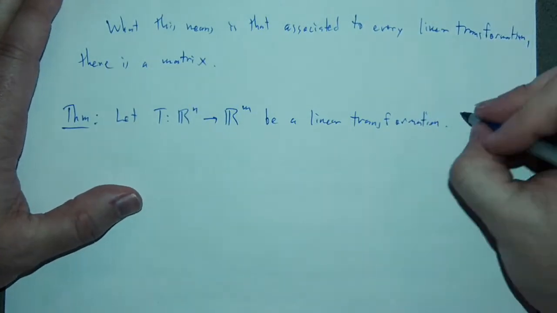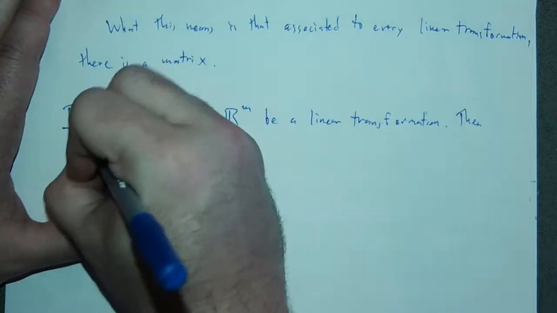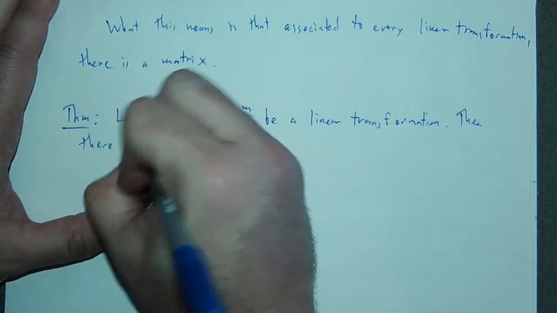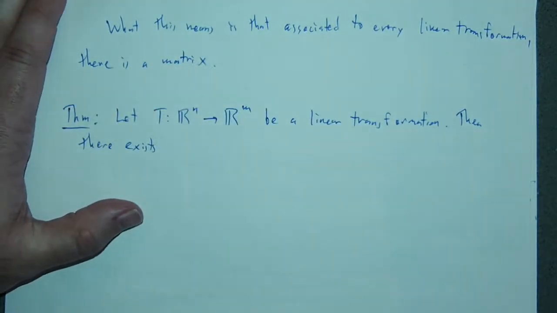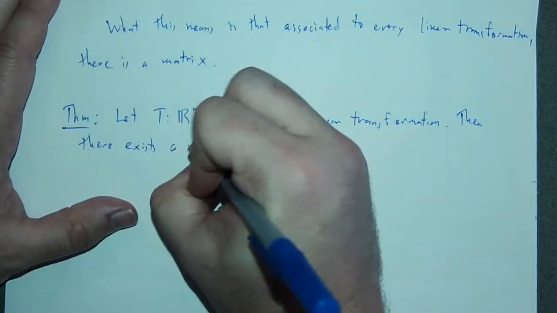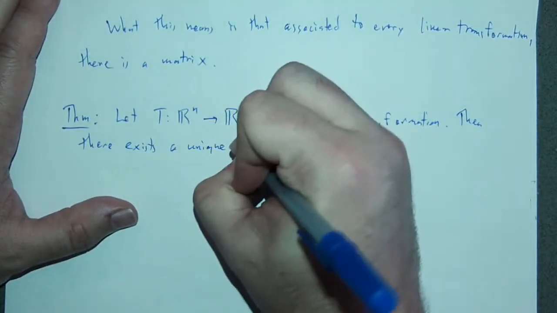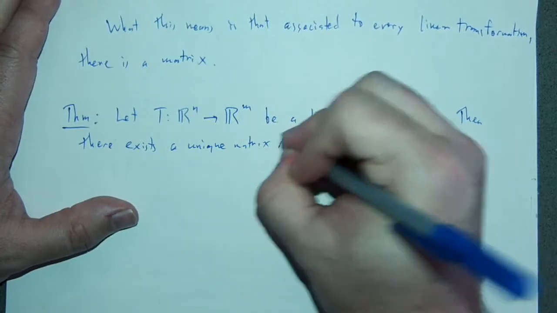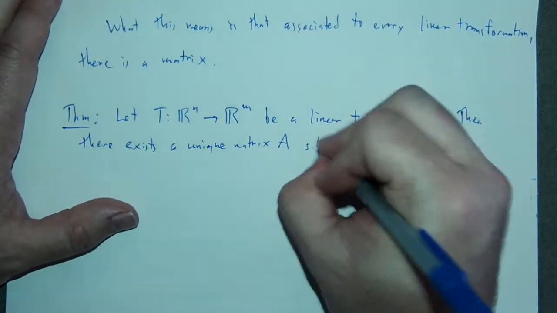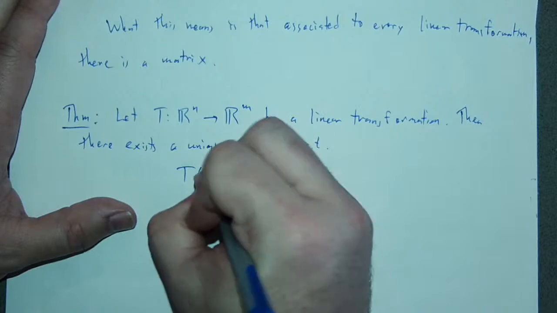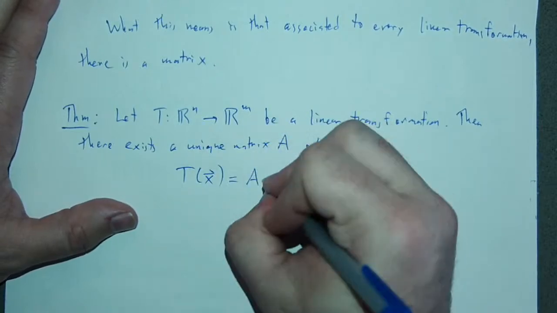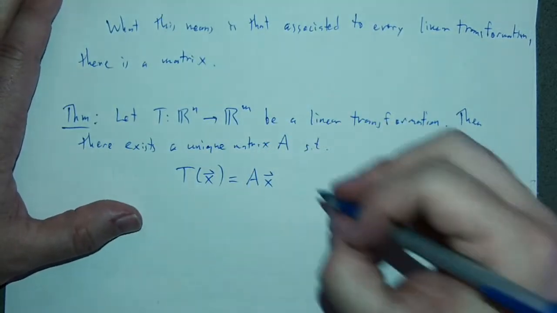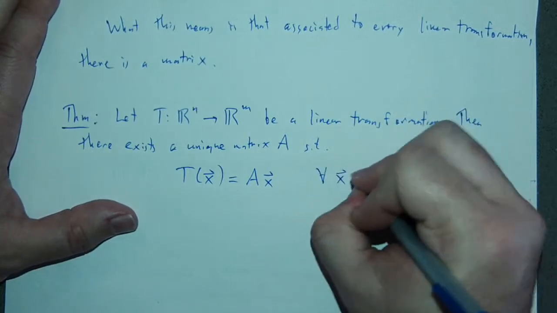Then there exists a unique matrix A such that T of x is equal to Ax for all x in Rn.